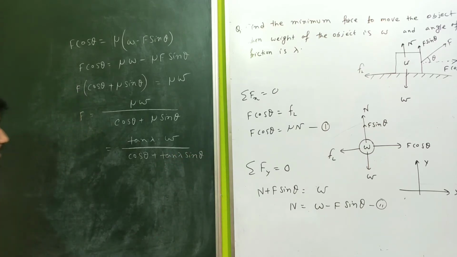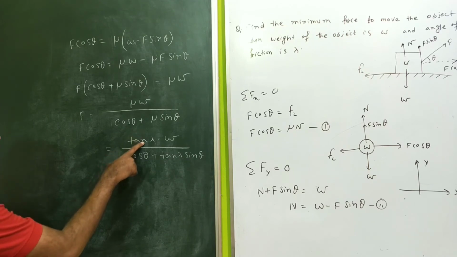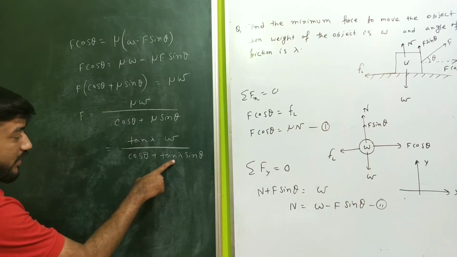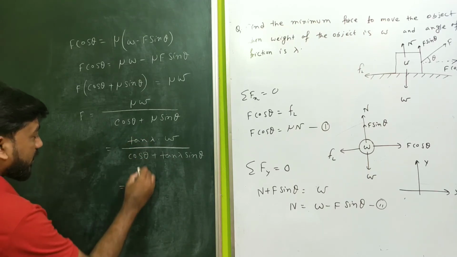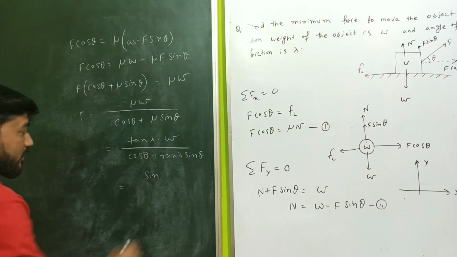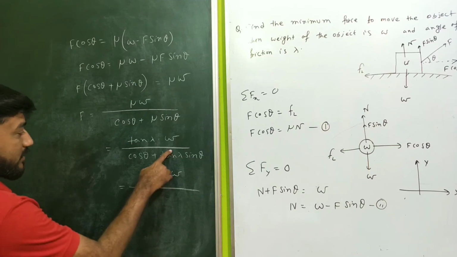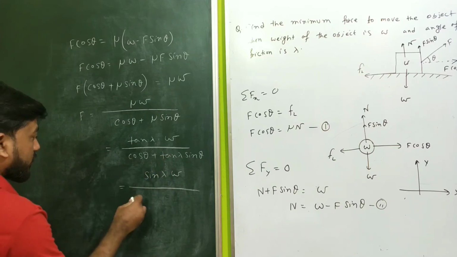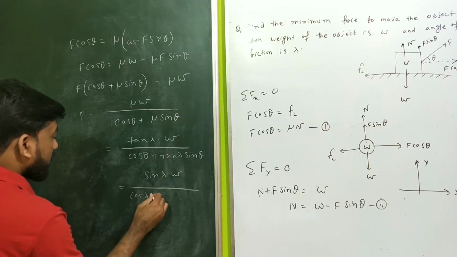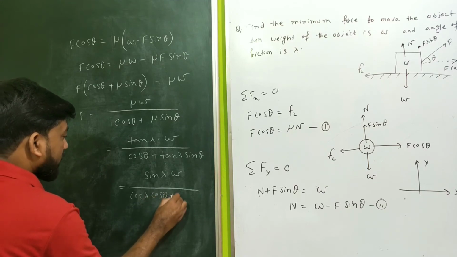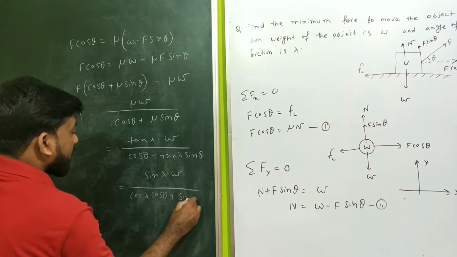Now again, if we put tan lambda as sin lambda by cos lambda, in both places, then what will you get? You will get sin lambda into W divided by cos lambda, divided by sin lambda upon cos lambda, so it will be cos lambda cos theta plus sin lambda sin theta. You can easily calculate this.